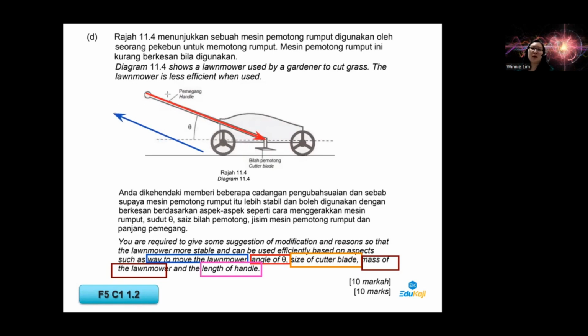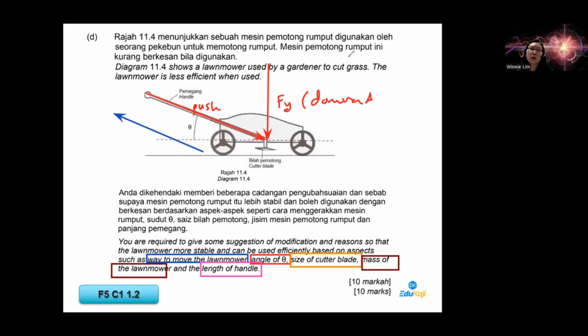Let's say we push, the red color one. When you push it, if you remember what you learned in resultant force, you can resolve the force. So what happened to your Fy when you resolve it? Is it upward or downward? It is downward, correct?